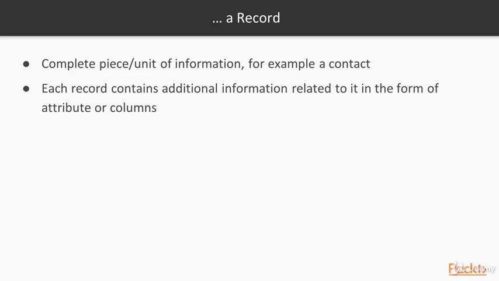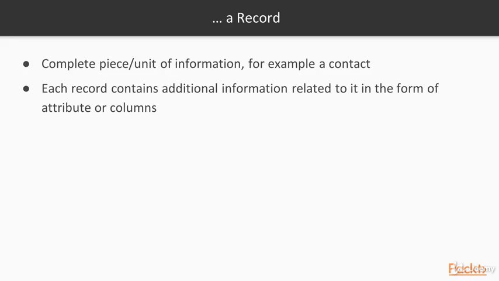For example, there is a record called John, and if I open John's record, there would be additional attributes like full name, mobile phone, address, email, etc. For those of you who know databases, a record is a simple row in a table, and columns of that record are attributes in CRM.